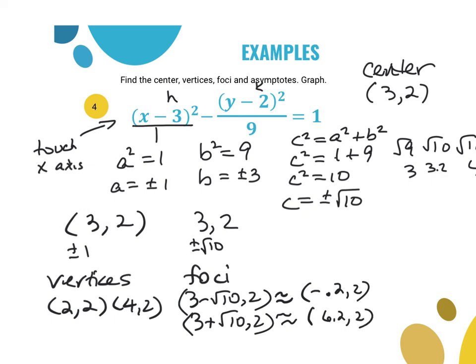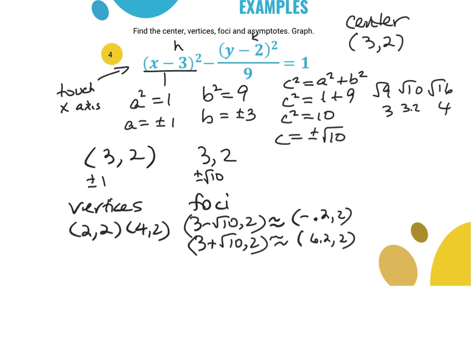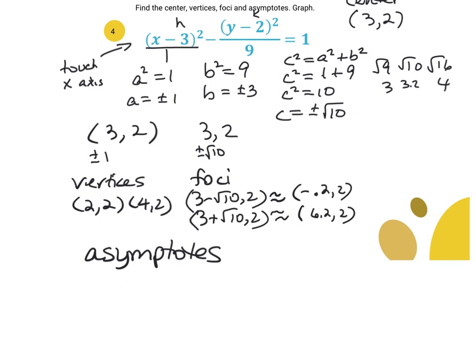For the asymptotes, we're doing B over A because it's touching the x-axis. So again, put your center, plus and minus 3 over 1, x minus 3.